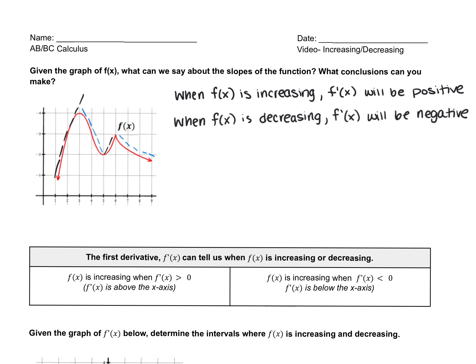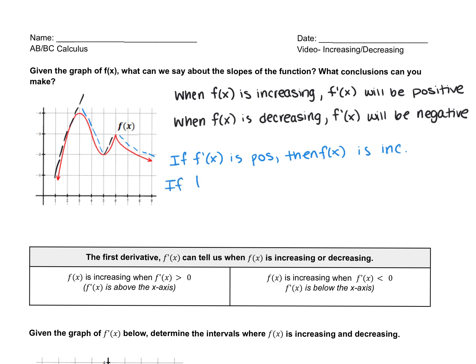Okay? So we're going to use this concept throughout the entire day today. We're going to say that f of x is increasing. That means f prime has to be positive. When f of x is decreasing, f prime has to be negative. So if you can tell, f prime tells us something about the original function f of x. So we could write it in another way if we wanted. We could say if f prime of x is positive, then f of x is increasing.